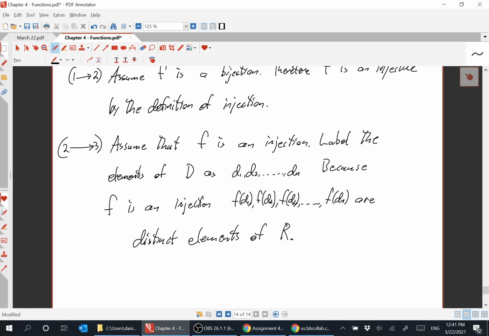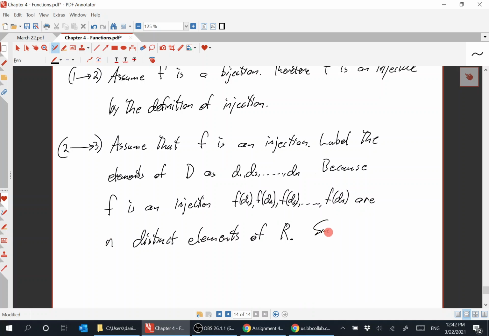Distinct means they're all different. Okay? How many things are there here? N. So how many things are there here? N. All distinct. Are n distinct elements of R?